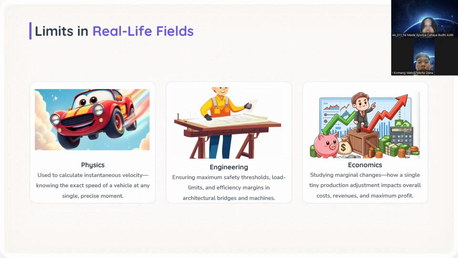For example, they can predict how a small change in production affects total profit. The fourth application is computer science. Limits help us analyze algorithms and estimate how quickly a program runs when the amount of data becomes very large.